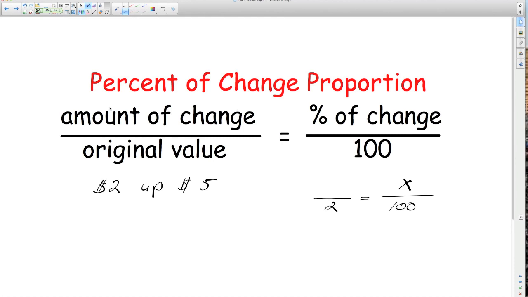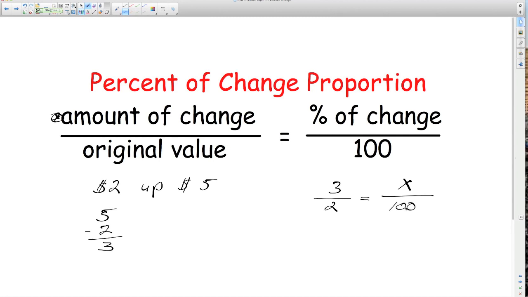The amount of change we have to calculate with subtraction. So 5 take away 2 is an amount of change of 3. So it'd be 3 over 2 is equal to x over 100.